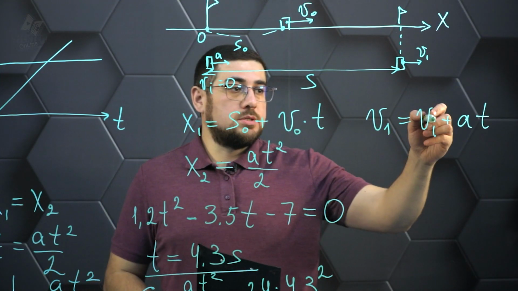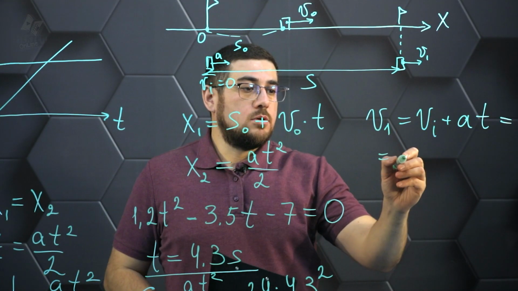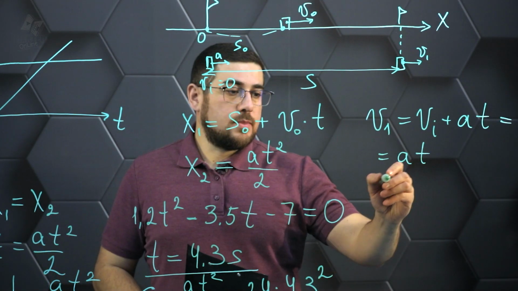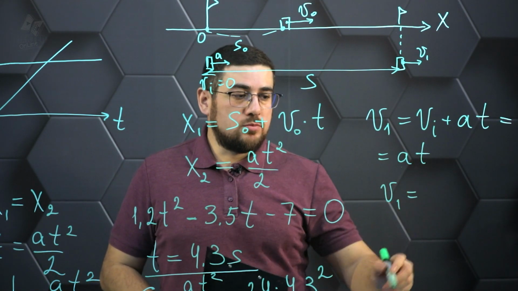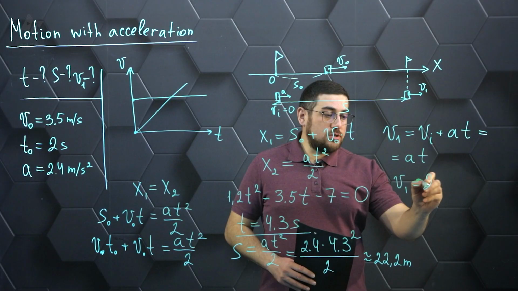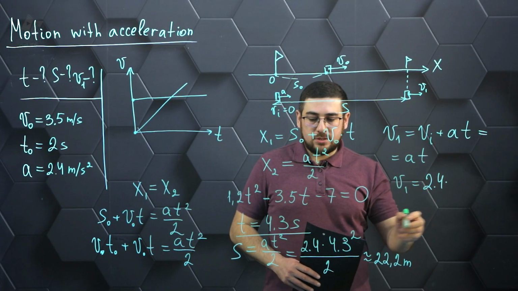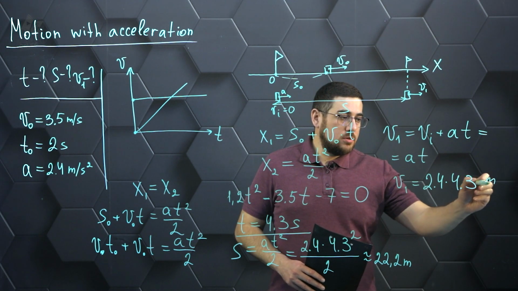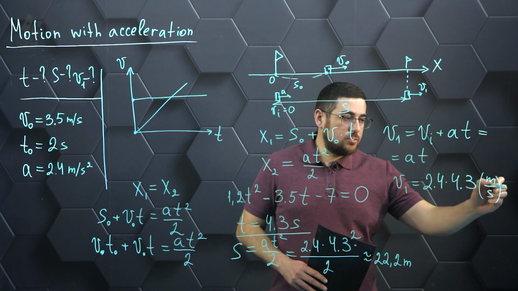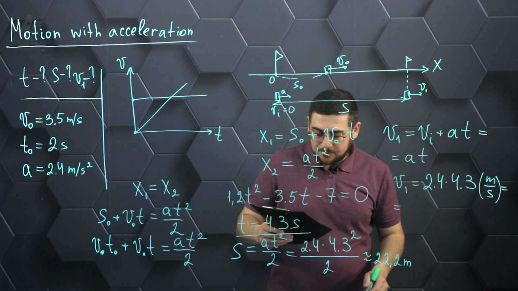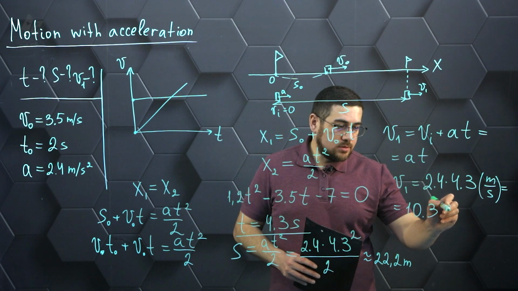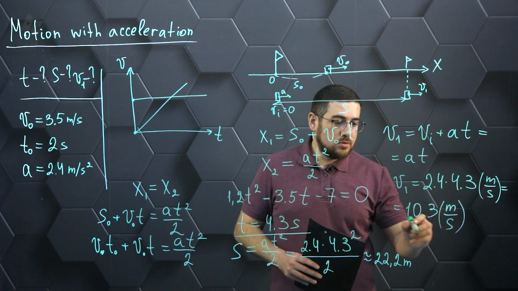The initial velocity of the body is 0, so there is only the product of acceleration and time of motion. So this velocity would be 2.4 meters per second squared times a time of 4.3 seconds. Dimensionally, of course, we get meters per second. So the answer is 10.3 meters per second is the velocity of this body.